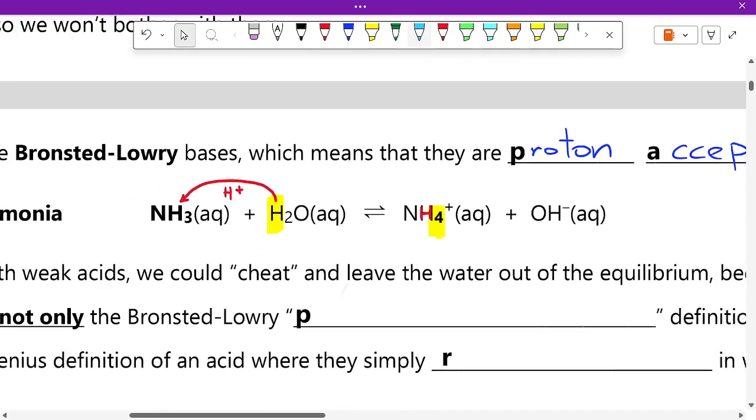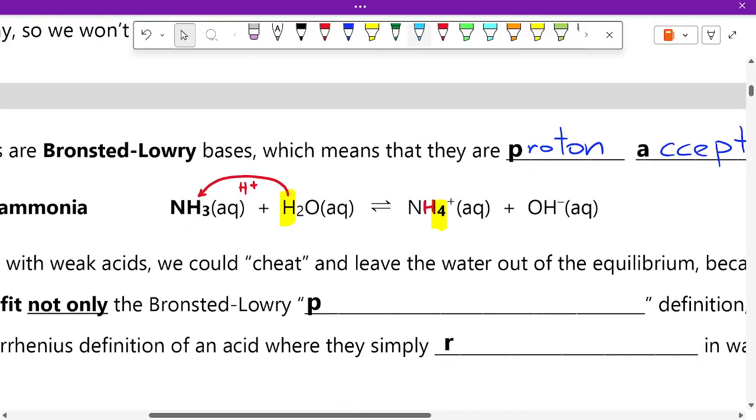With acids, weak acids, we could cheat and leave the water out of the equilibrium. Can we leave the water out of the equilibrium for the weak bases? Where would the OH come from if there were no water? You have to have the water. Okay, so for weak bases, the water has to be there because otherwise it's like, where is the hydroxide?